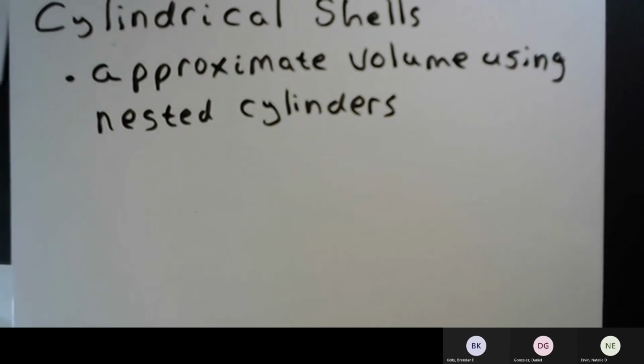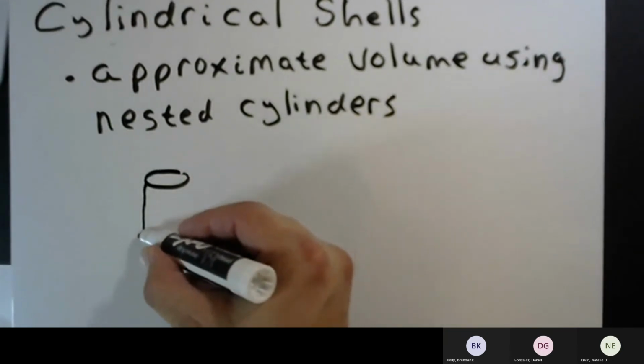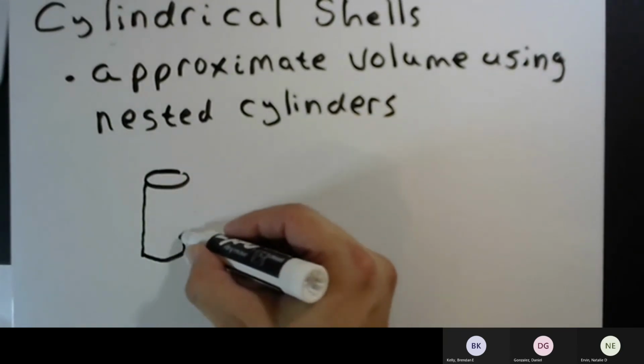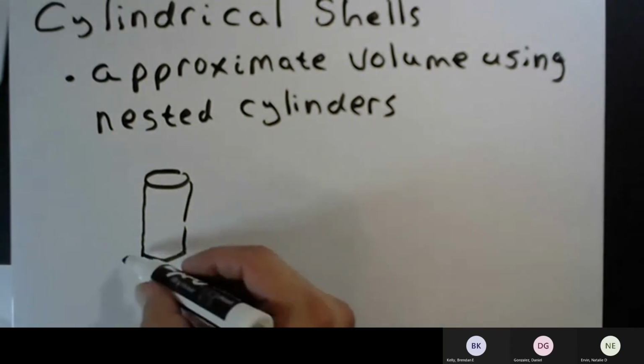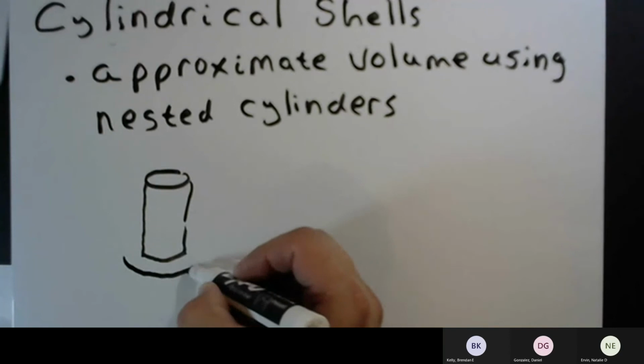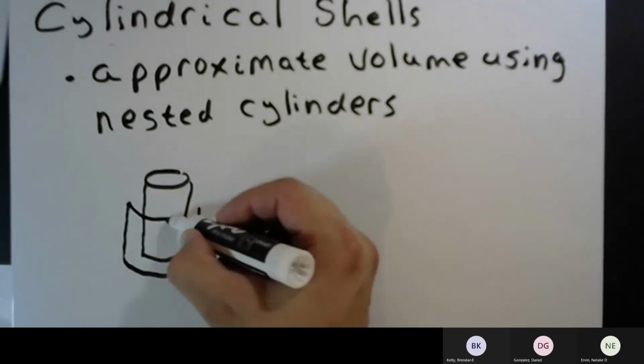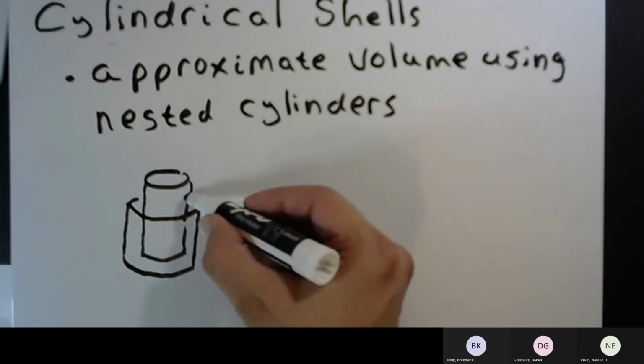So the idea is going to be this, and this might seem kind of strange. Let's say we have some cylinders. We got them sort of sitting in here, sort of like what they used to call the Russian nesting dolls.